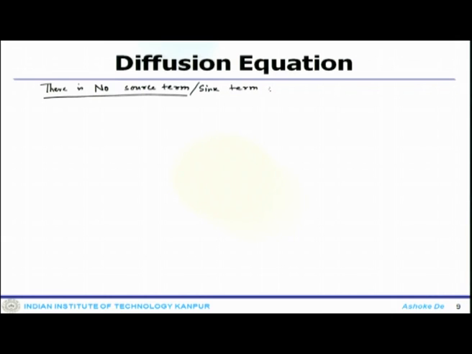In the absence of that source or sink term, the transfer of phi occurs due to one process only. So, phi is governed by diffusion only.